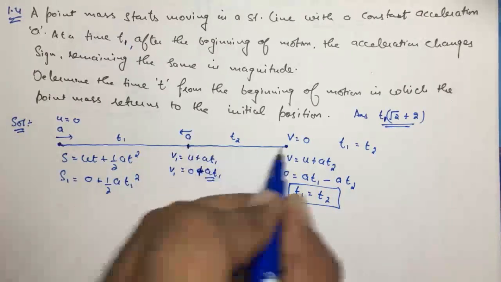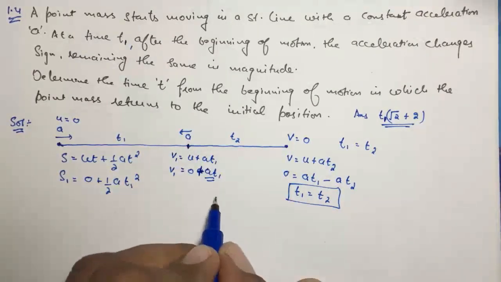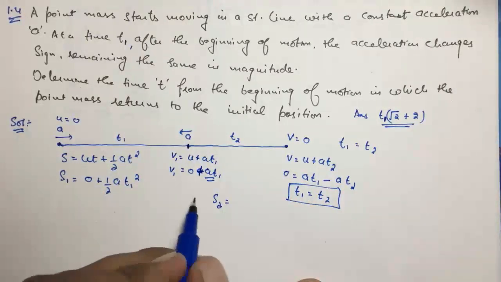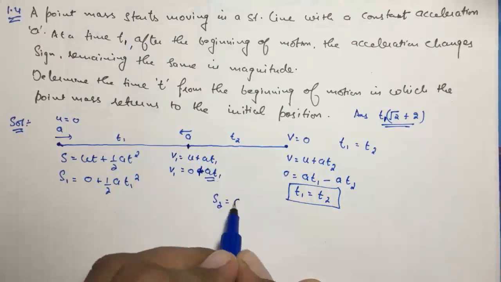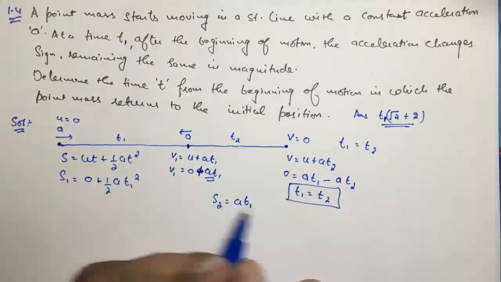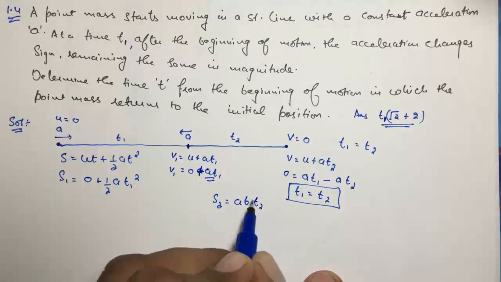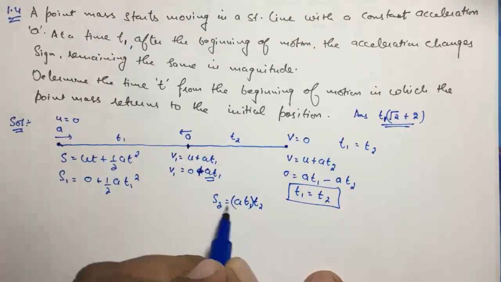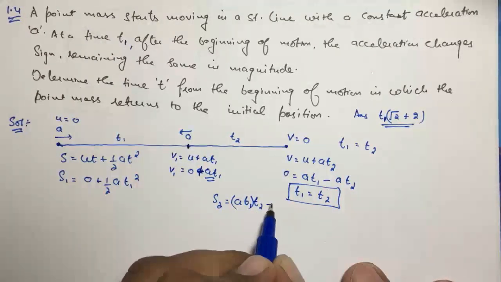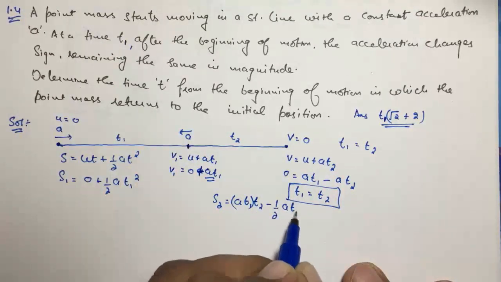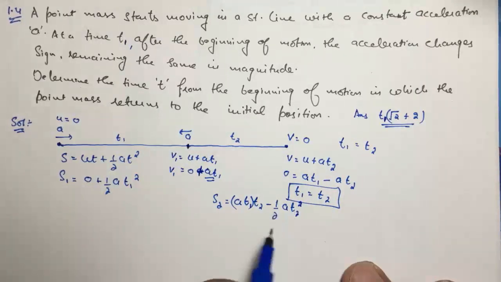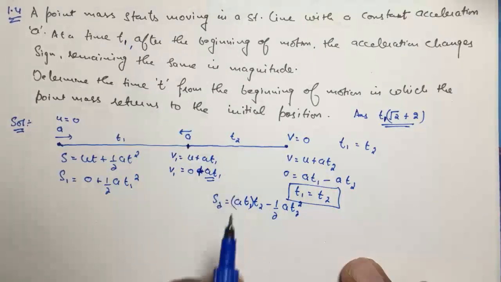And what is the distance traveled during this time interval? s2 is equal to ut, where initial velocity u is a t1 and t is t2, minus half a t2 square, minus because acceleration is opposite to the direction of velocity. So this is the total displacement.